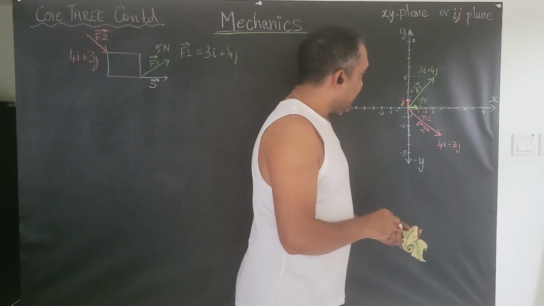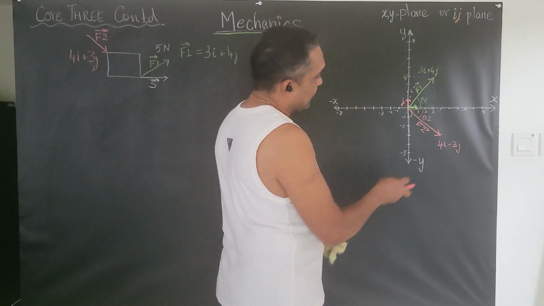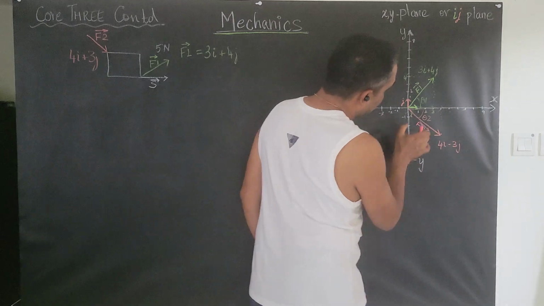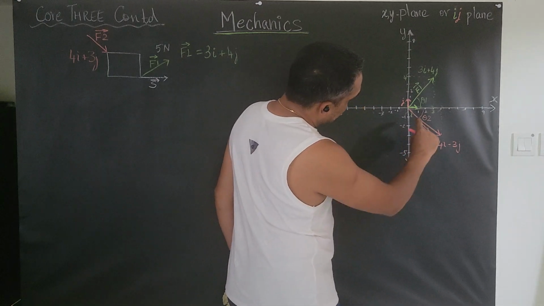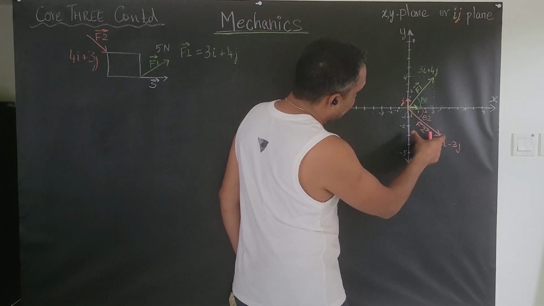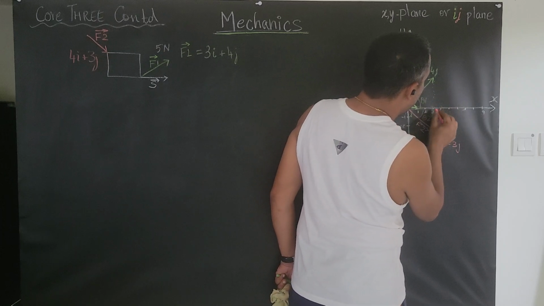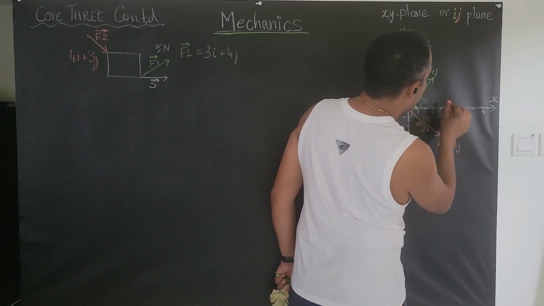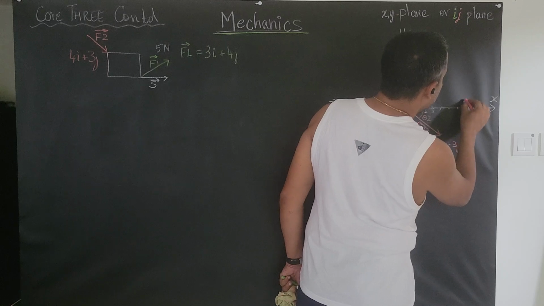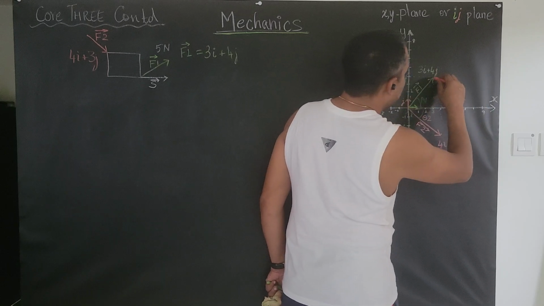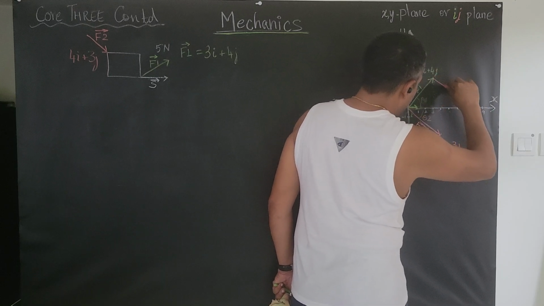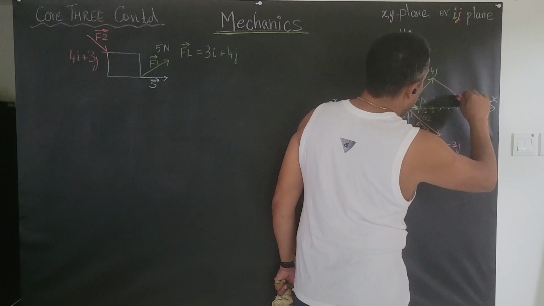If I wanted to add this vector now, I could, because I know how to displace it. I could displace this vector 3 units over and 4 units up. 3 units here brings me here. 4, 1, 2, 3, 4 would bring me to this point, and that would be my equivalent F2.